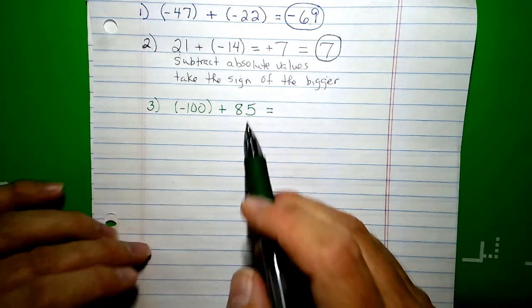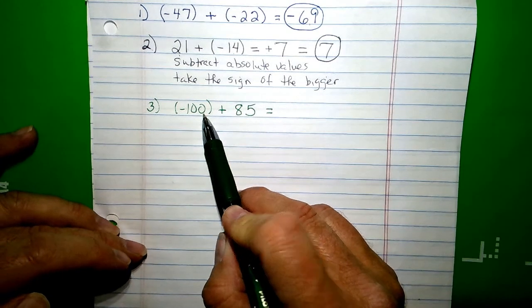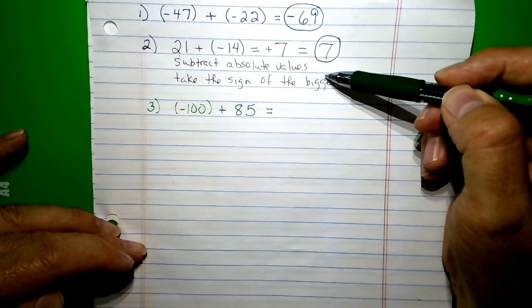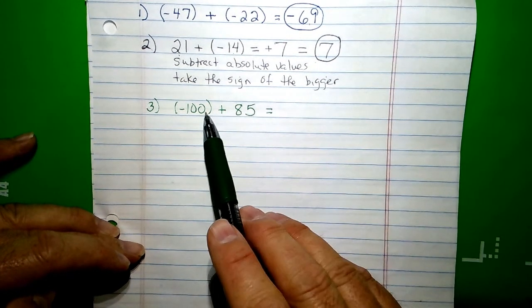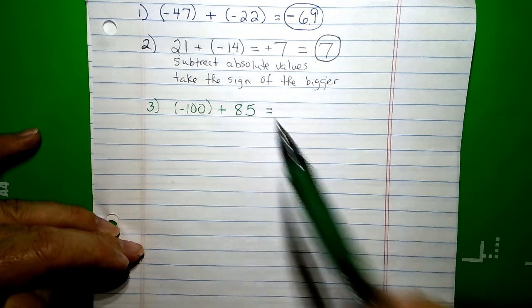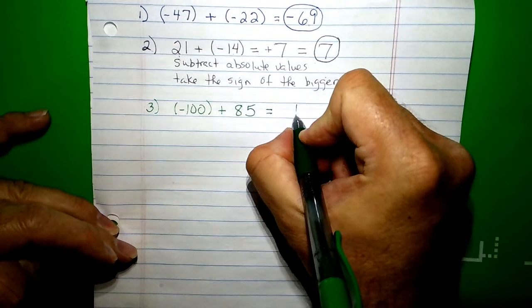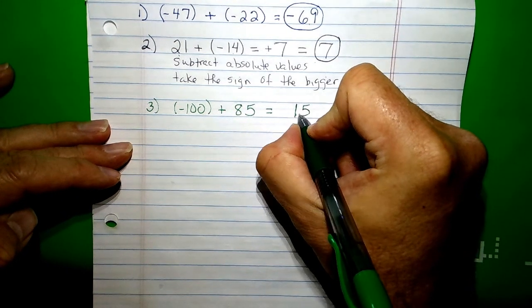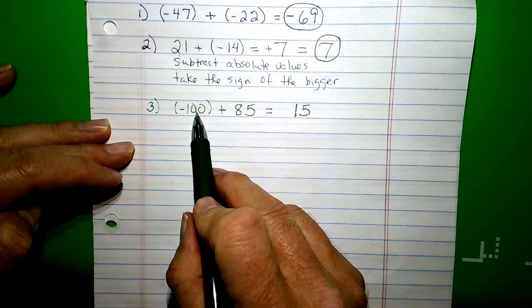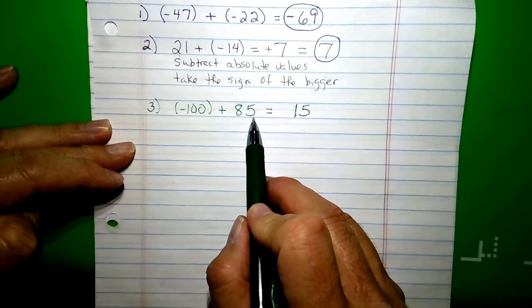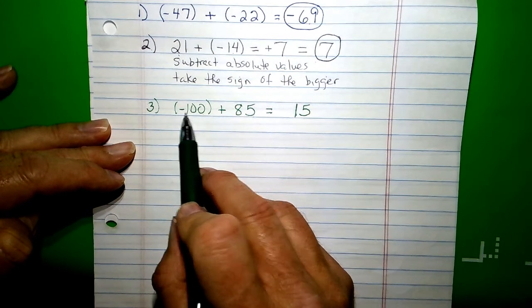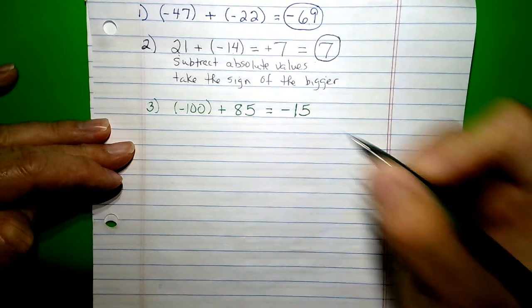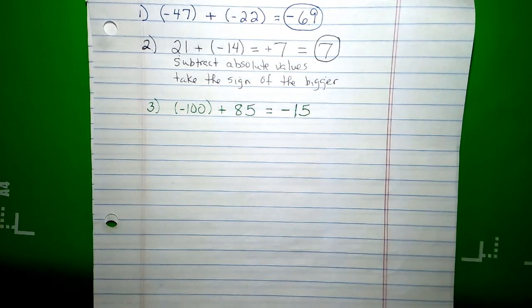Well, here we're adding a positive and a negative, so you follow these same rules. Subtract the 85 and the 100. 100 minus 85 is 15. And which number is bigger, the 100 or the 85? Well, the 100 is bigger, so take the sign of the bigger number. Negative 100 plus 85 is negative 15.